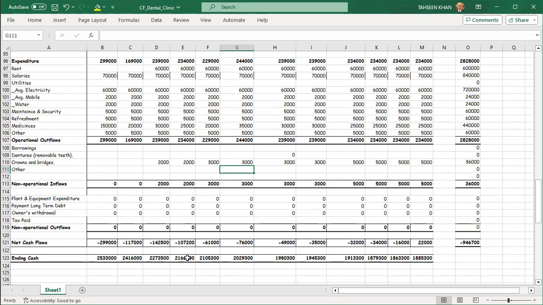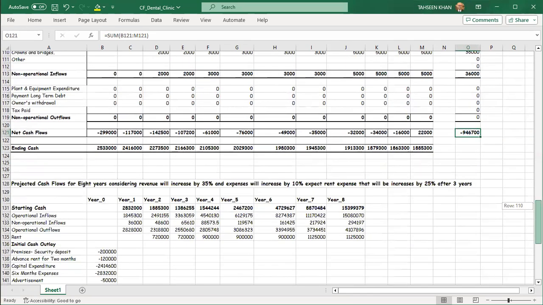That is starting cash minus net of inflows and outflows difference. During the first year, we have the deficit of 946,700.